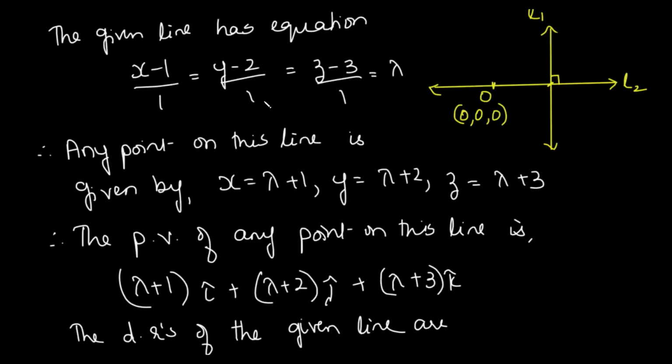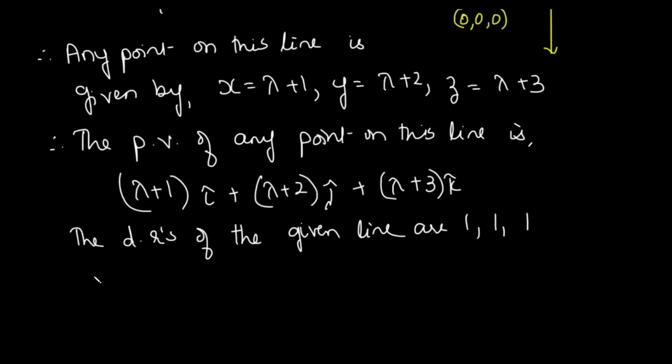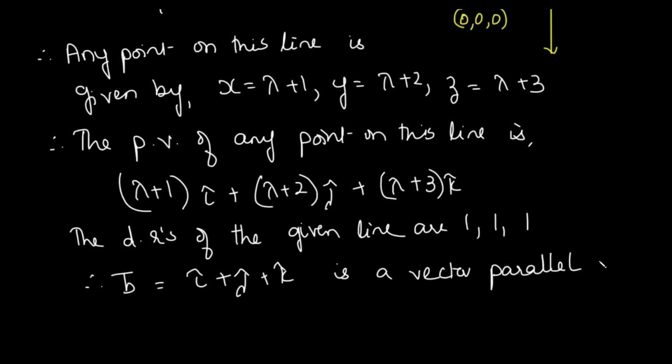Yes, they are the denominators 1, 1, 1. So the direction ratios of the given line are 1, 1 and 1. And therefore a vector which is parallel to this line, B bar, from 1, 1, 1 we get i plus j plus k, is a vector parallel to this line.